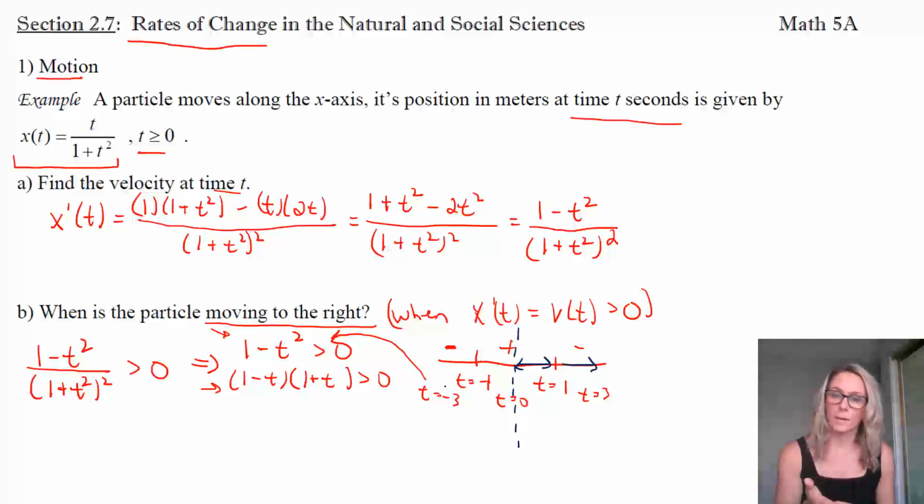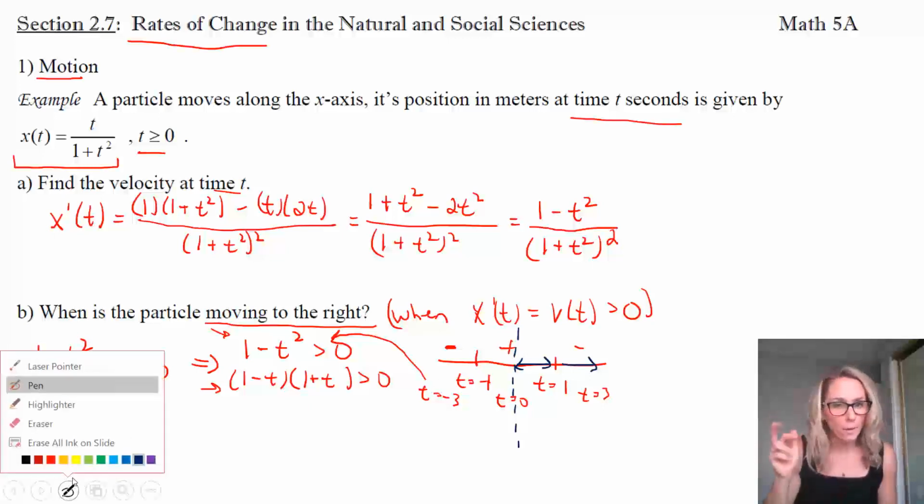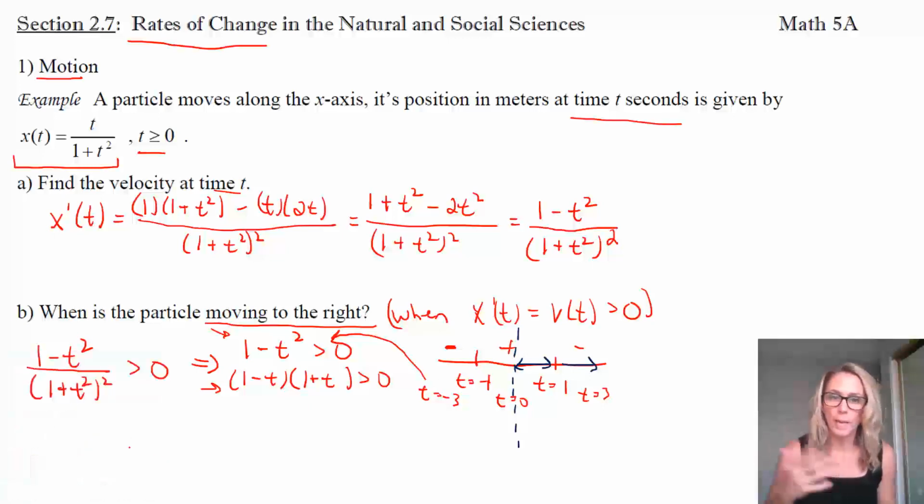The derivative is just a function of t. It doesn't care about the real world aspect of this. We have to care about that. So once we realize t has to be greater than 0, that just reduces the space where we could have the positive or the negative.